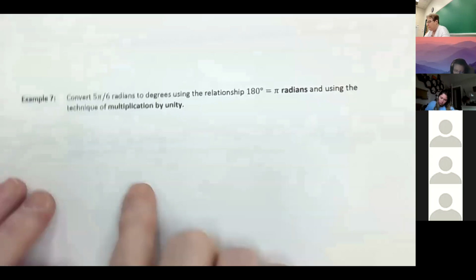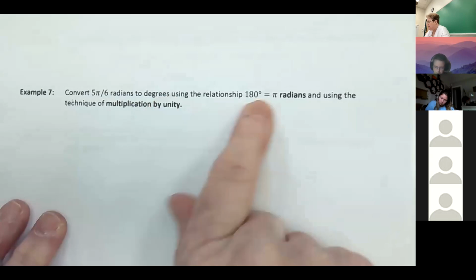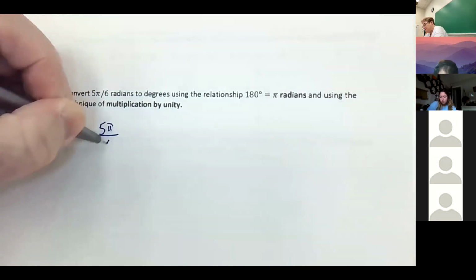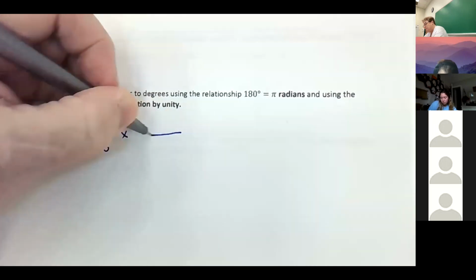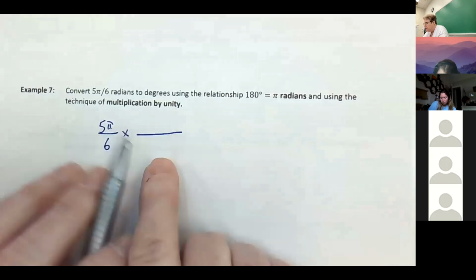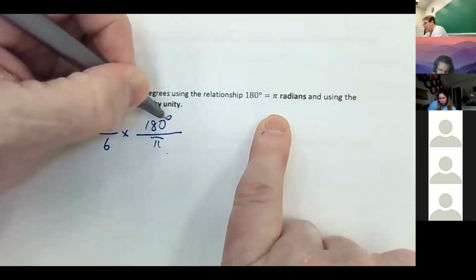Very good. Well, now let's start with radians and go to degrees. We have the same unity. So we're starting with 5 pi over 6. And this time, we're starting with radians. So radians will be in the denominator. Degrees will be in the numerator.